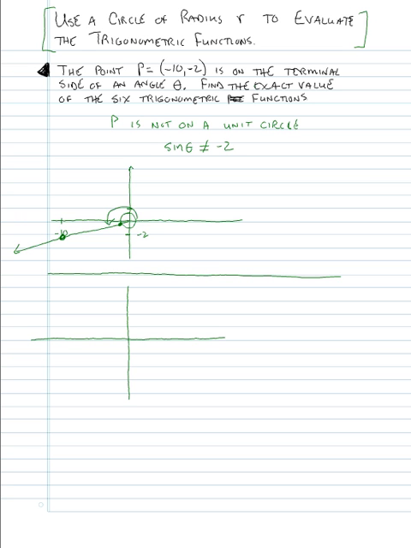Let me draw a situation where we have a circle of radius r. If I can do this, you'll bear with me. Here's a unit circle, so this is the unit circle.